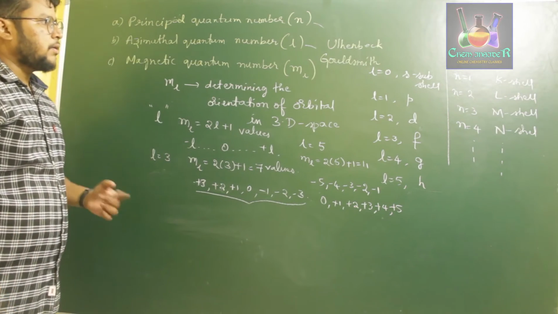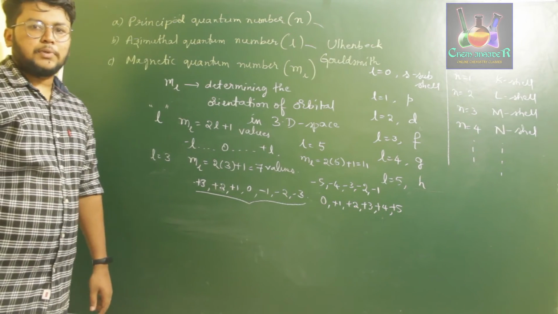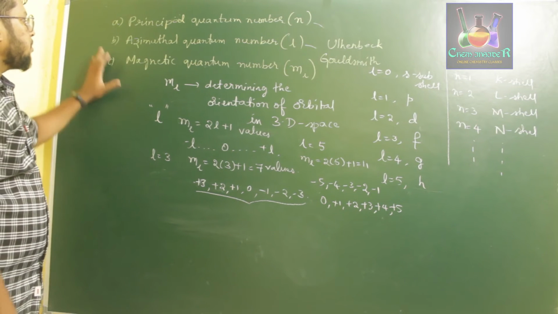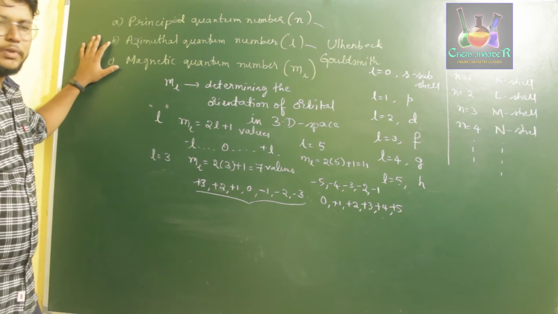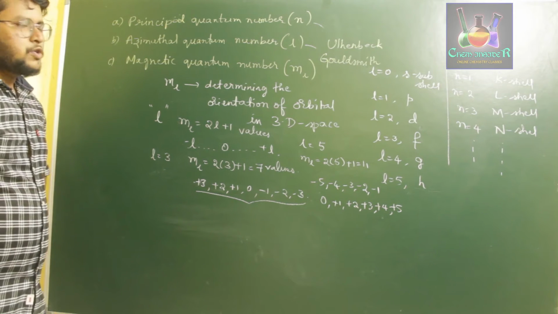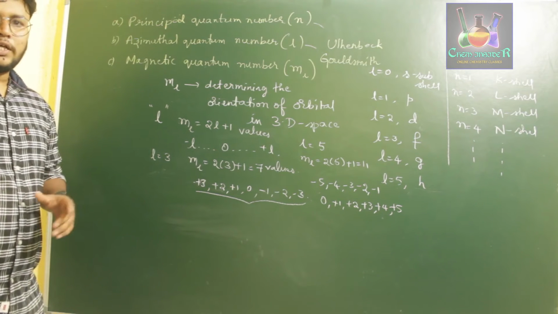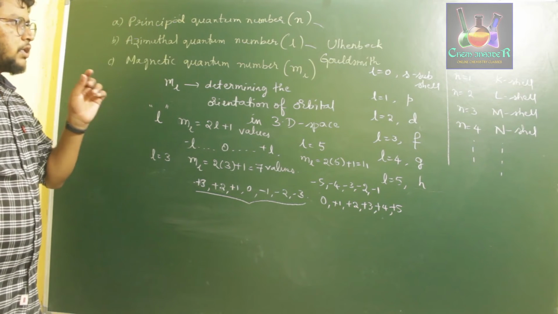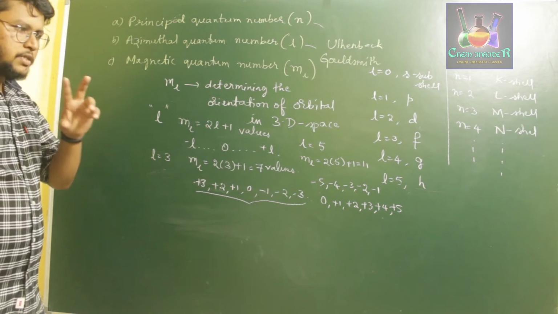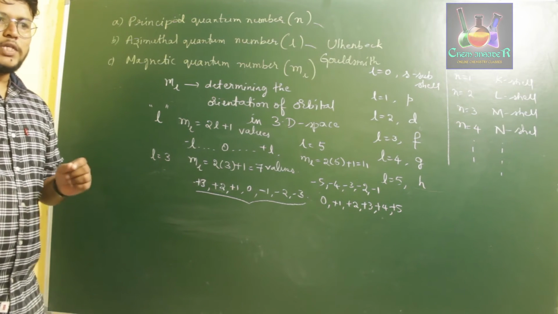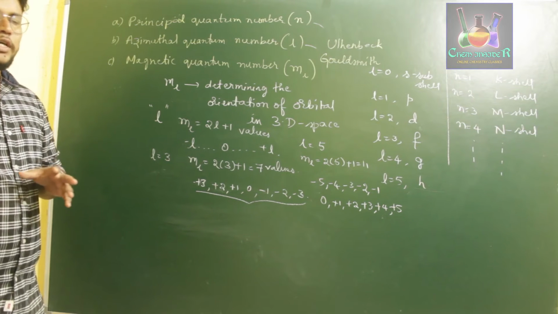There is one more type of quantum number which explains properties which were not explained clearly by the principal quantum number, azimuthal quantum number or magnetic quantum number. Those properties are, when they observed the fine line spectrum of a multi-electron system, there were certain degenerate orbitals. Degenerate means multiple levels have the same energy, and those are called degenerate levels.